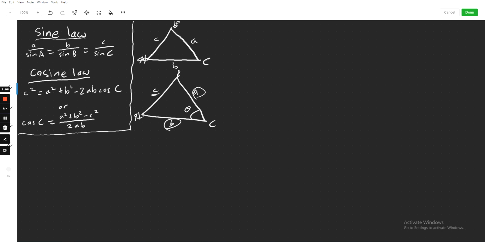Okay, so first we'll look at sine law. So I'll just draw. We're finding theta for this triangle. So it'll be like this. It'll be around here, like so. We label. This is 120 degrees. This is theta.